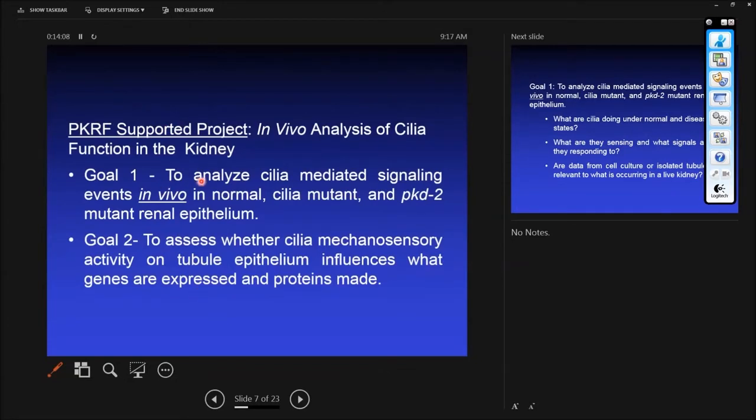The first was to analyze whether cilia-mediated signaling events occur in vivo in a normal kidney, in a cilia mutant, and a polycystin mutant renal epithelium. We wanted to know if the cilia were there to sense a mechanosensory signal due to flow, and the second goal was to see if this would alter the proteins and the genes present in those cells when cilia are responding to a flow signal.